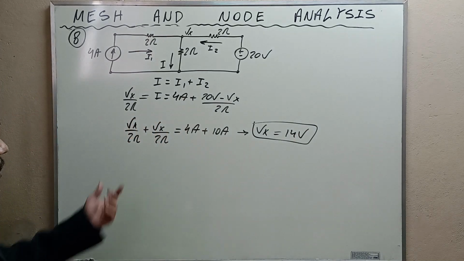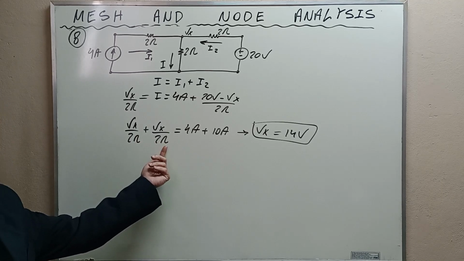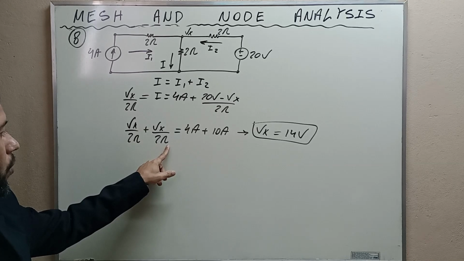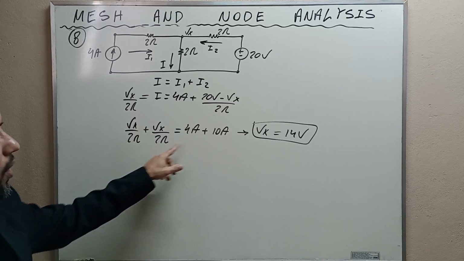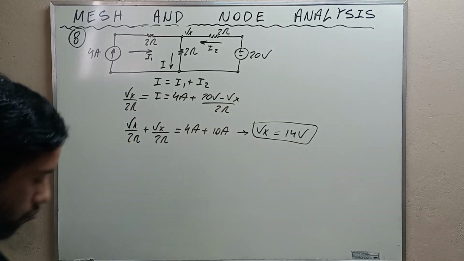Okay, you have to work with this as well, not only with the number. We have to work with this, the ohm and the amp. Ohm times amp is equal to voltage.